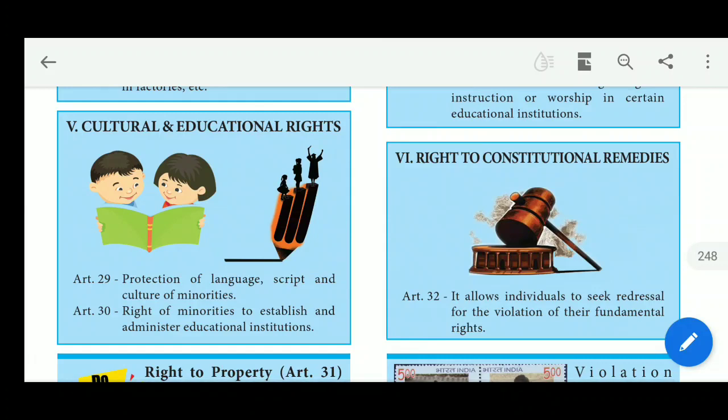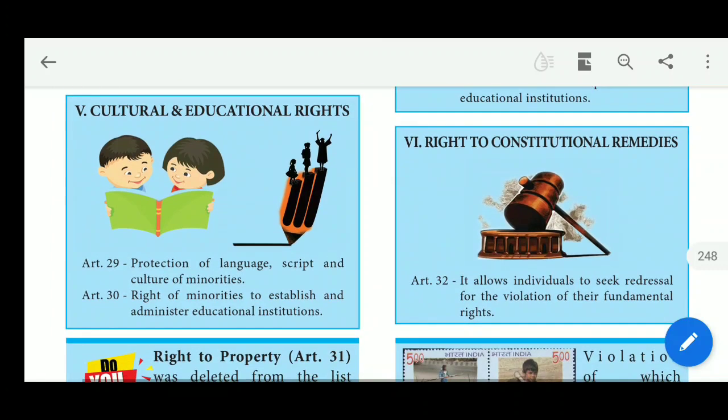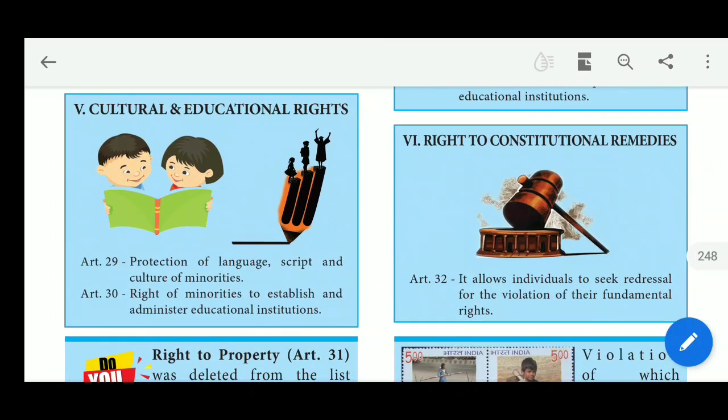Article 30. Right of minorities to establish and administer educational institutions. Explanation. Article 30 states that minorities, based on religion or language, have the right to establish and administer educational institutions.